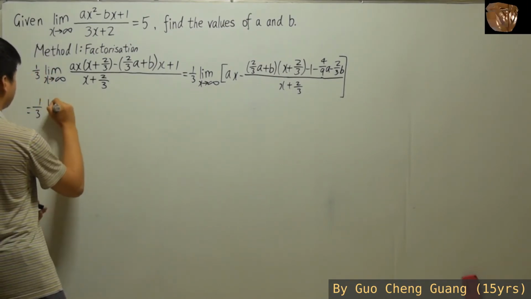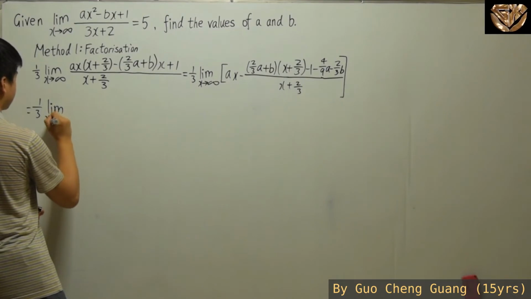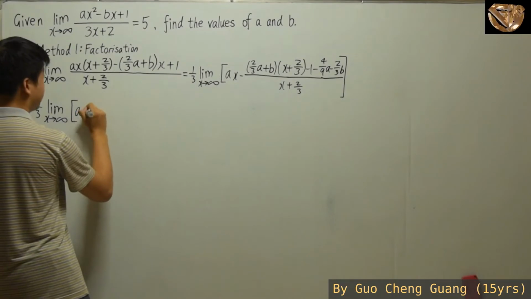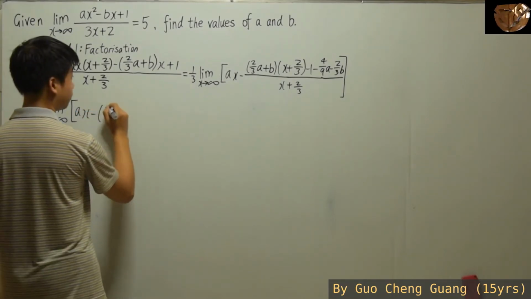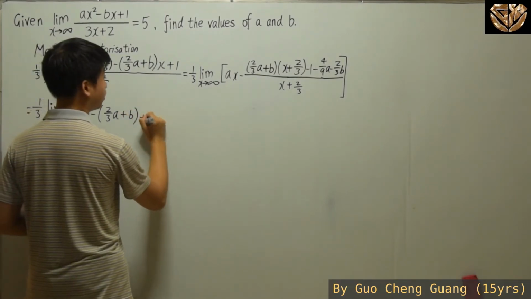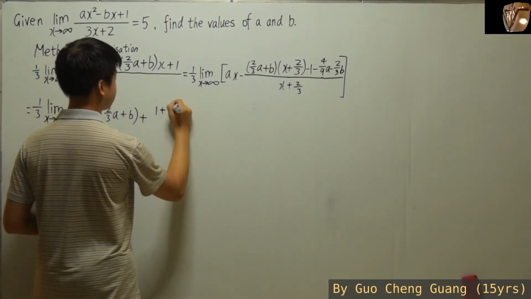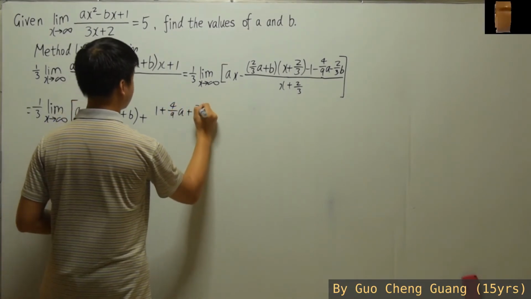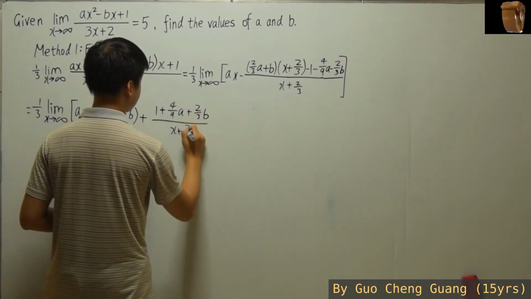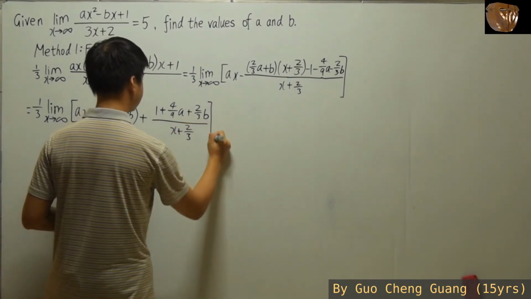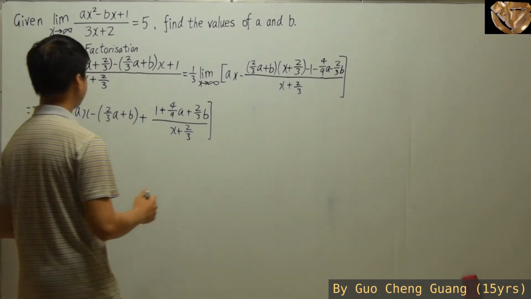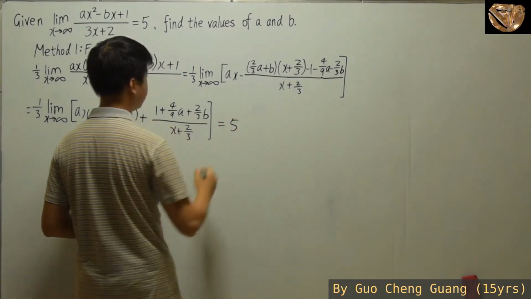We're going to have 1 over 3 times the limit as x approaches infinity of (ax minus 2 over 3 a plus b, then plus 1 plus 4 over 9 a plus 2 over 3 b), divided by (x plus 2 over 3). Right, so this is what we are seeing, and this is equal to 5.